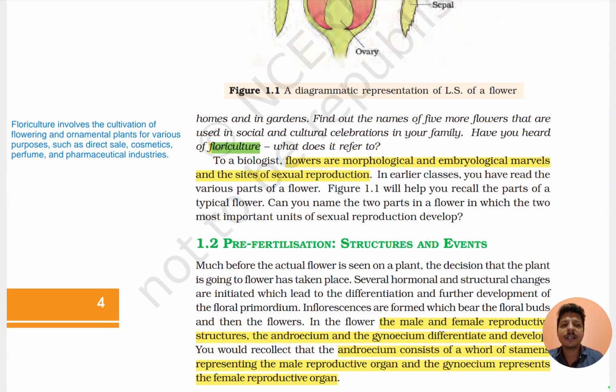Here the term floriculture is given. Floriculture involves the cultivation of flowering and ornamental plants for various purposes such as direct sale, cosmetics, perfumes and pharmaceutical industries. To a biologist, flowers are morphological and embryological marvels and the site of sexual reproduction.